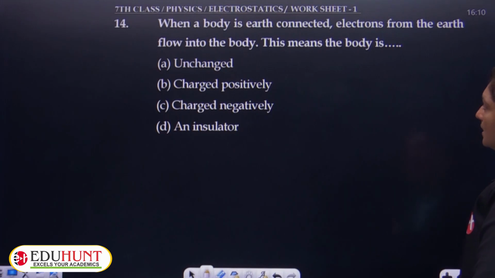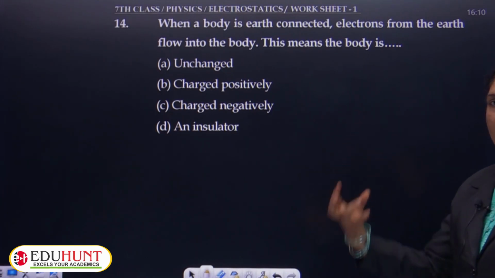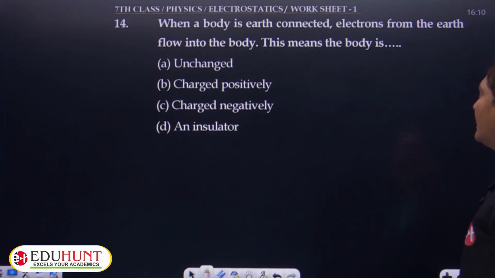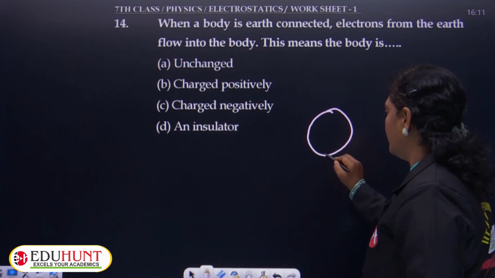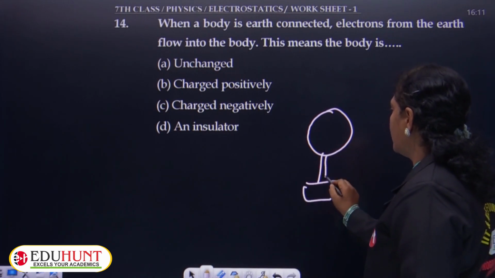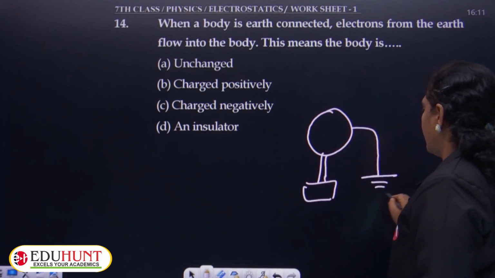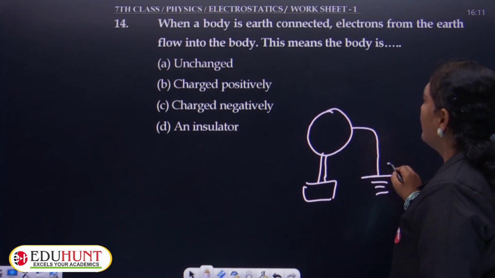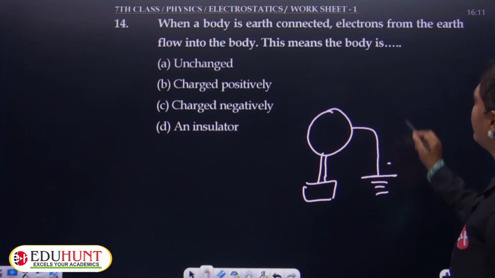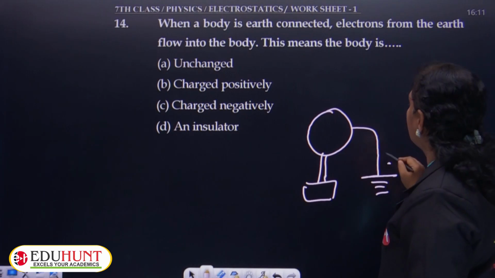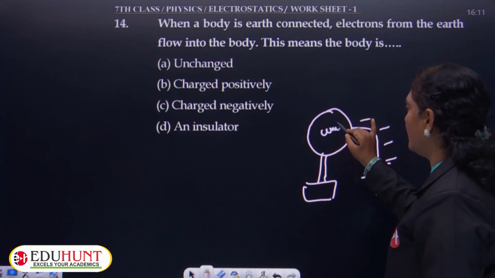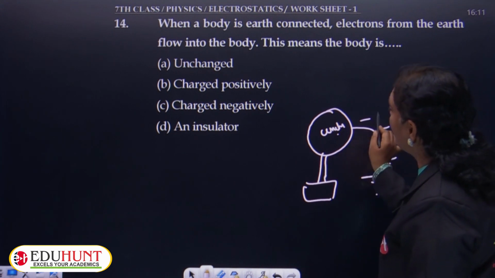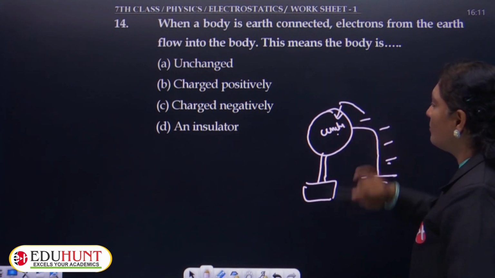When a body is earth connected, grounded, electrons from the earth flow into the body. Let us consider this is an uncharged body. Whenever electrons flow inside the body, what happens?